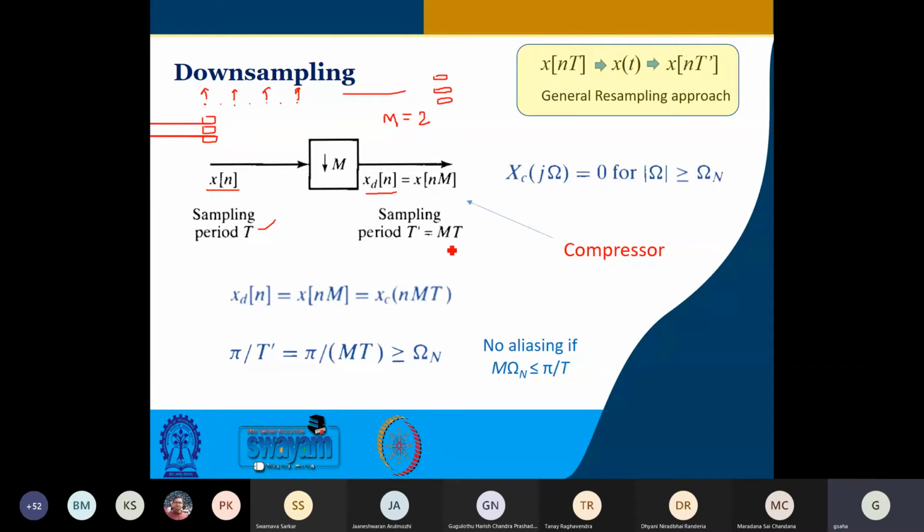Now the period is 2T, 3T, 4T. So if it was 1 second, it is now sampled at a period of 2 seconds, 3 seconds, or 4 seconds. What should we be careful about?